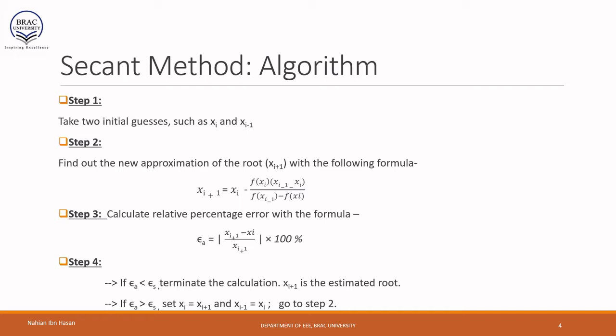If this error is less than the predefined stated value, then we terminate the calculation. Otherwise we go to step 2 and repeat the calculation. So this algorithm is very straightforward.